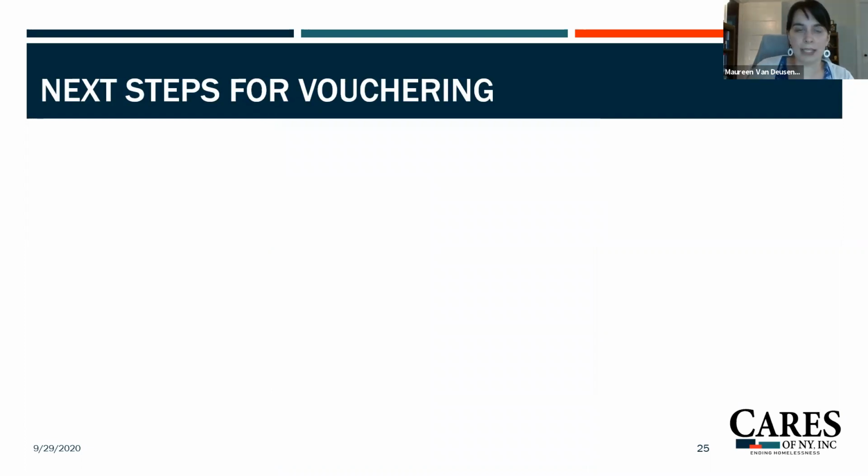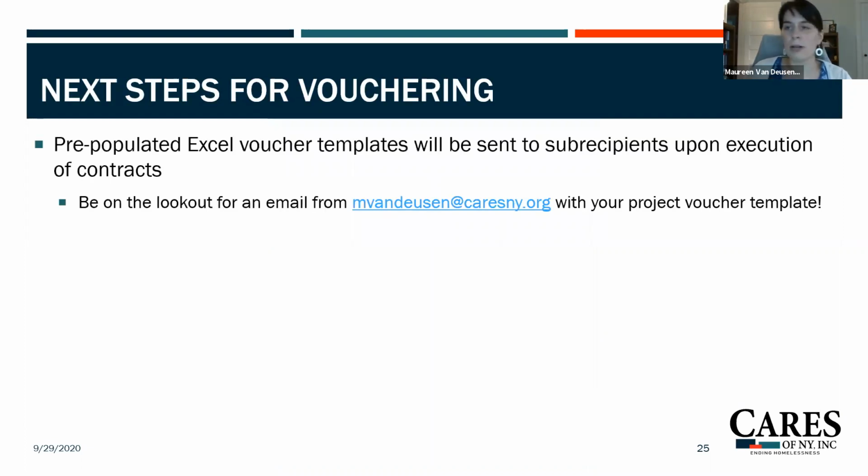A couple next steps for vouchering. Very soon, as I mentioned, Kirsten just received the OTDA contract information today. You'll all be receiving pre-populated Excel voucher templates. Charlotte, that kind of answers your question about seeing the budgets broken down. We'll have all that information.